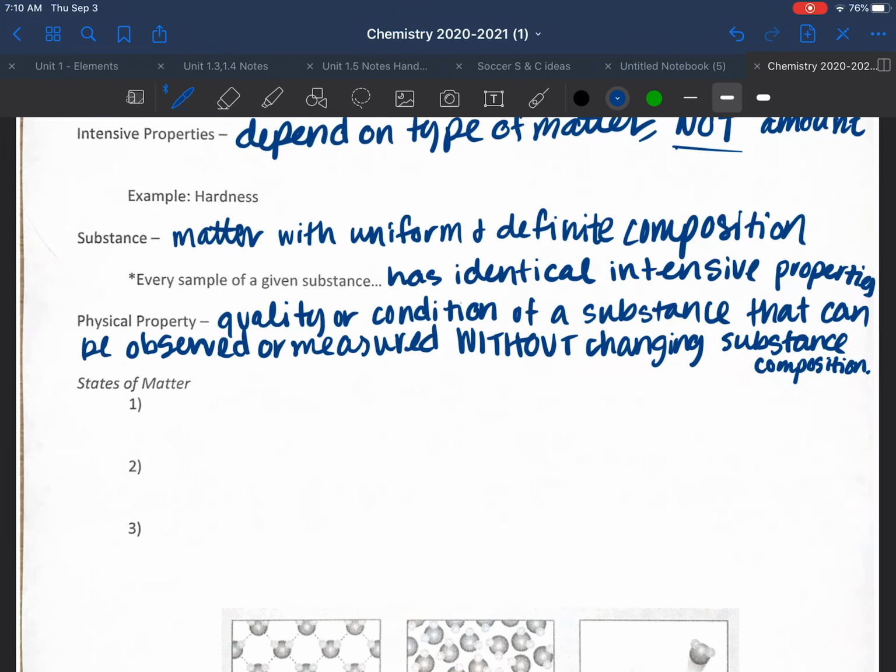But let's talk about the three main states of matter. These also should be familiar to you guys. The first being solid. And solids have definite shape and volume, meaning they're not changing.